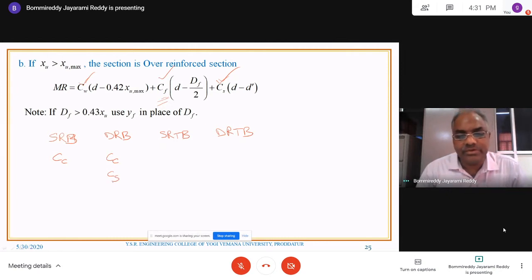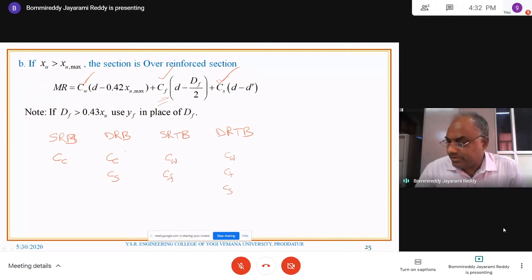Both the terms appear. Singly reinforced T-beam means compressive resistance of web, that means CC and CW are both same, and another one is compressive resistance of the flange, because there is no compression steel. In case of doubly reinforced T-beams or doubly reinforced L-beams, compressive resistance of web, compressive resistance of the flange, and compressive resistance of steel will come into picture.